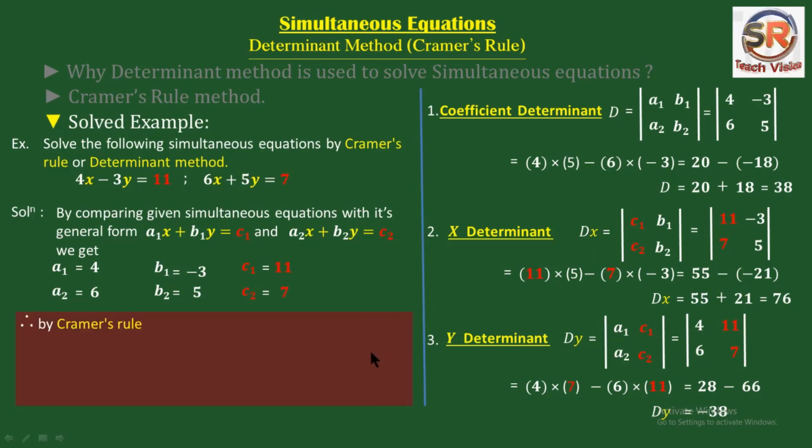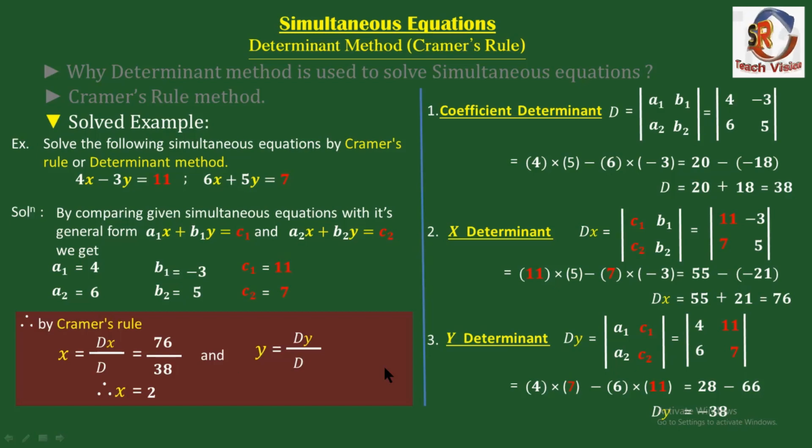By Cramer's rule, we know that the value of the x variable is equal to the x determinant Dx divided by the coefficient determinant D. Now put the values: Dx, which is 76, divided by the value of D, the coefficient determinant, which is 38, which gives the value of x is equal to 2.